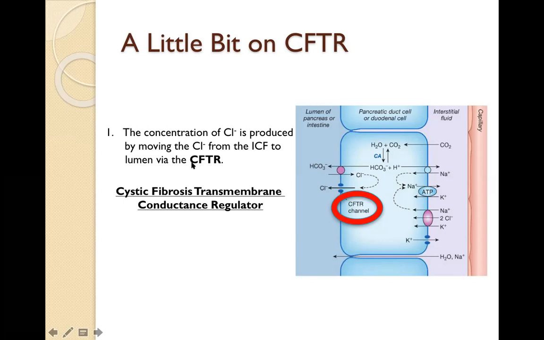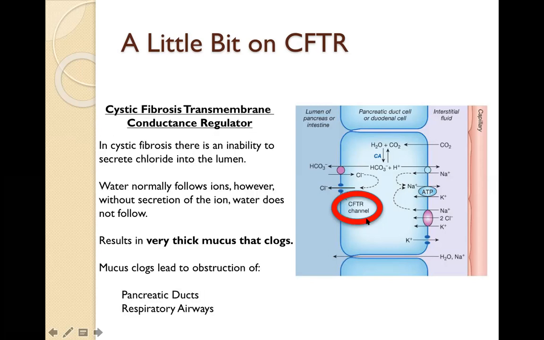This CFTR protein is referred to as the cystic fibrosis transmembrane conductance regulator. Very important channel protein. It's extremely important in cystic fibrosis. In a person who has cystic fibrosis, this channel does not work.